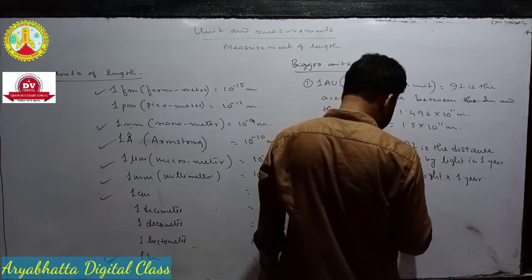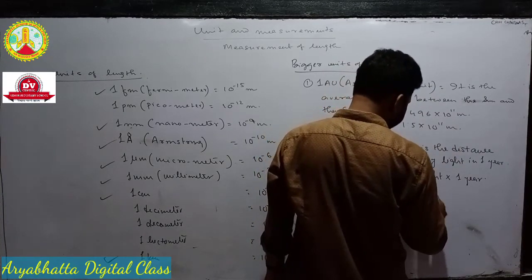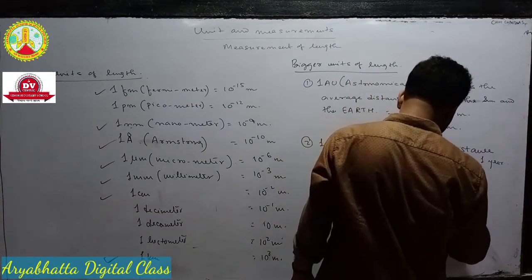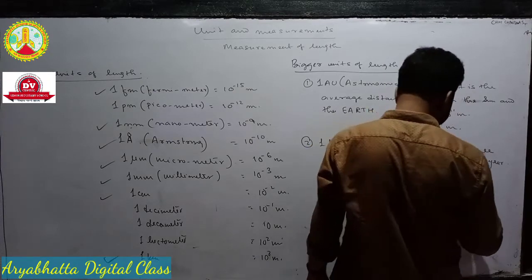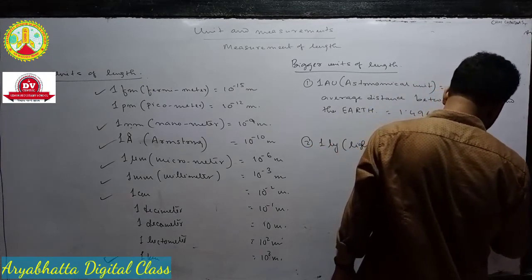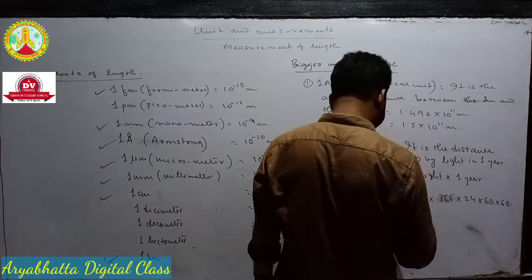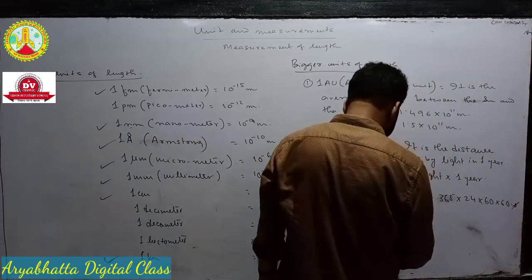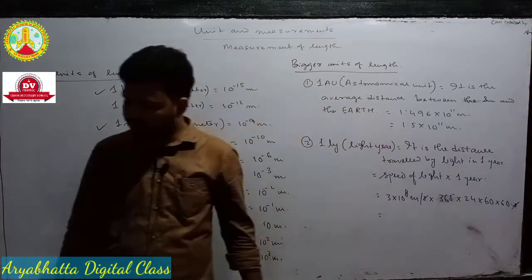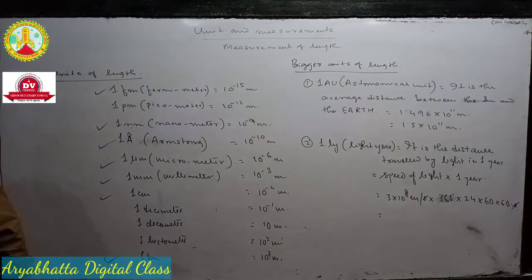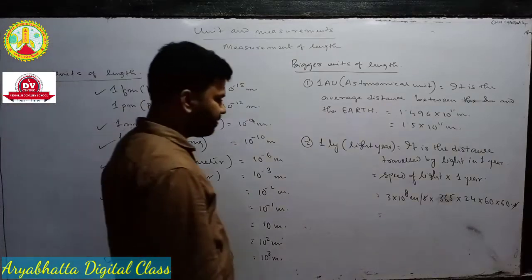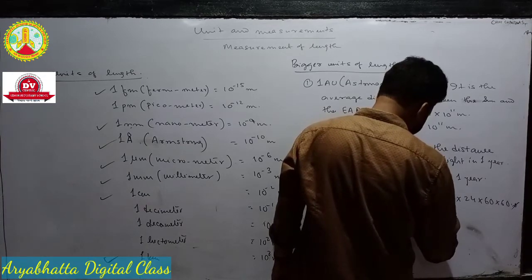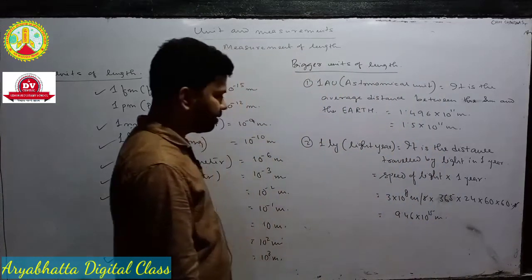Speed of light, as you already know, is 3 into 10 to the power 8 meter per second. 1 year is 365 days, per day 24 hours, 1 hour is 60 minutes, into 60 seconds. Second will be cancelled out. Who will do so much calculation? The answer will be 9.46 into 10 to the power 15 meter.